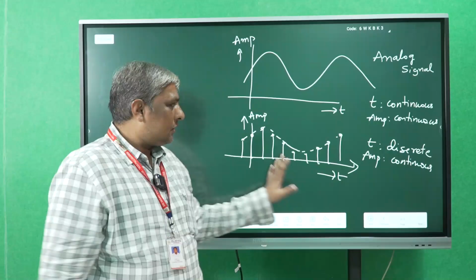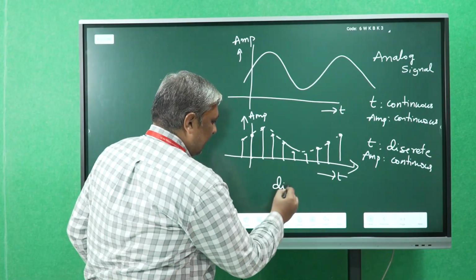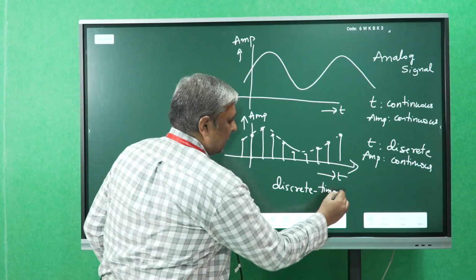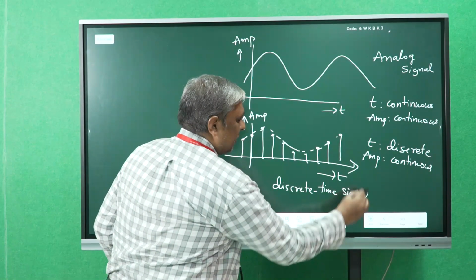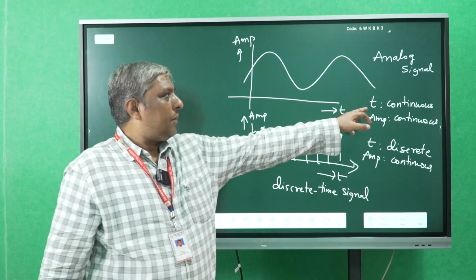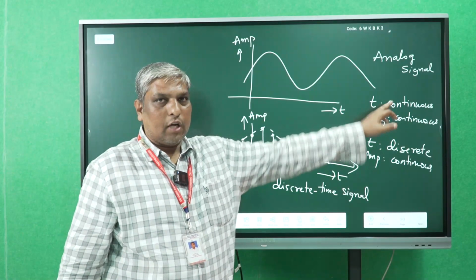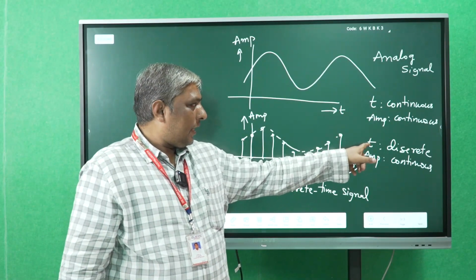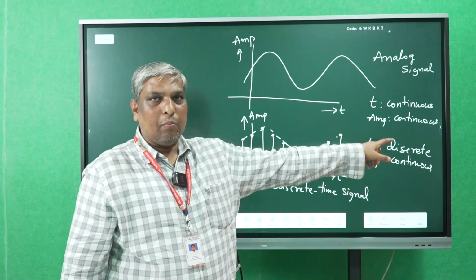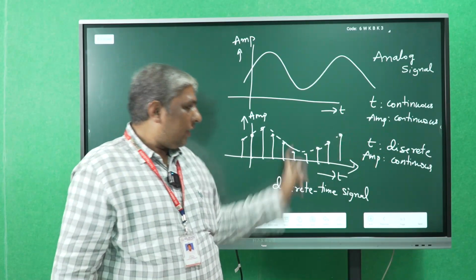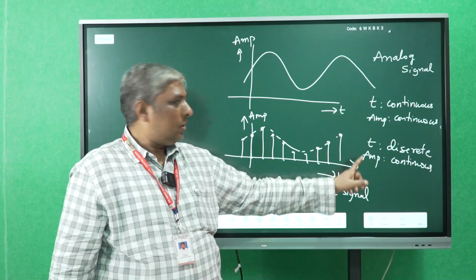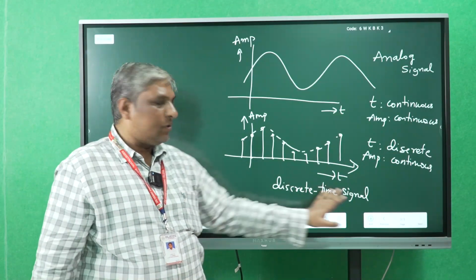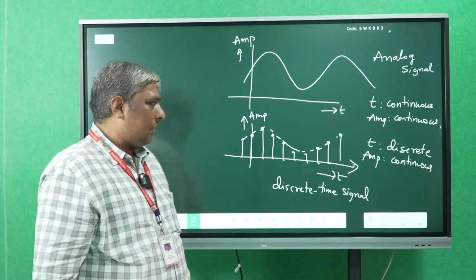This type of signal is called a discrete time signal. So whenever the time parameter and amplitude parameter are both continuous, it is called an analog signal. And whenever the discretization operation is carried out along the time axis, and the amplitude axis is still continuous, then the type of signal is called a discrete time signal.